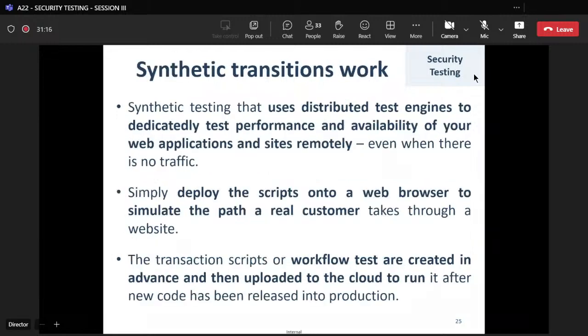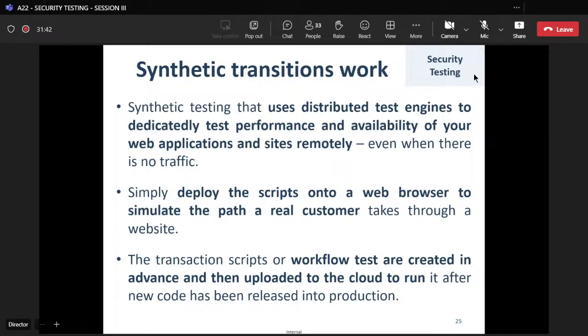So next topic we're going to discuss is synthetic transactions, because many times you'll be performing large volumes of tests, which will be tested with both parameters. One is the performance of the system, the other one is the availability of your applications from very remote sites.